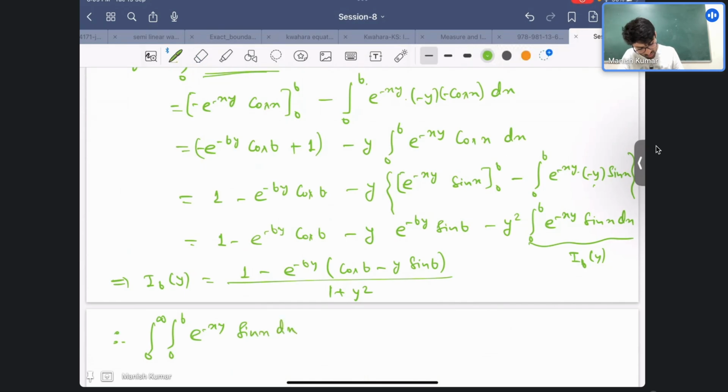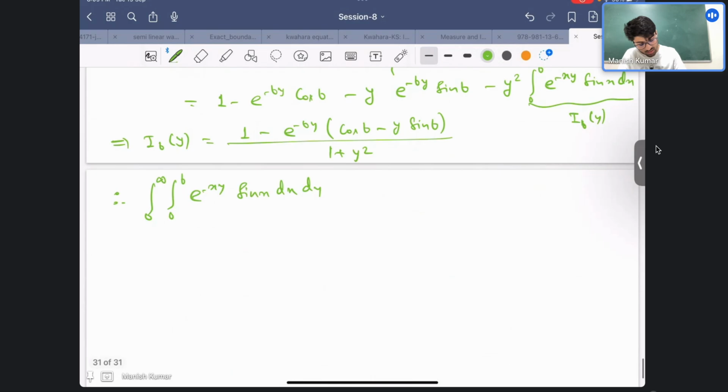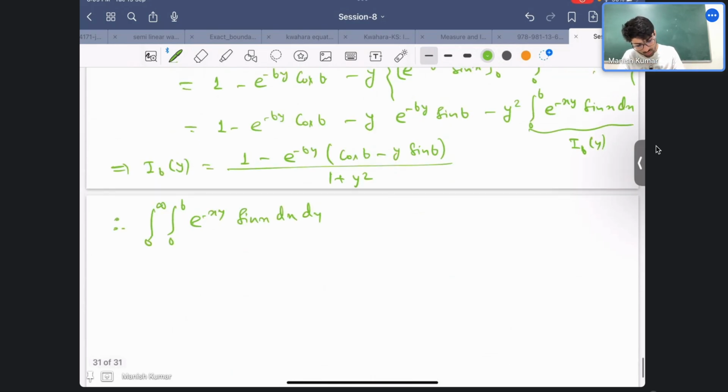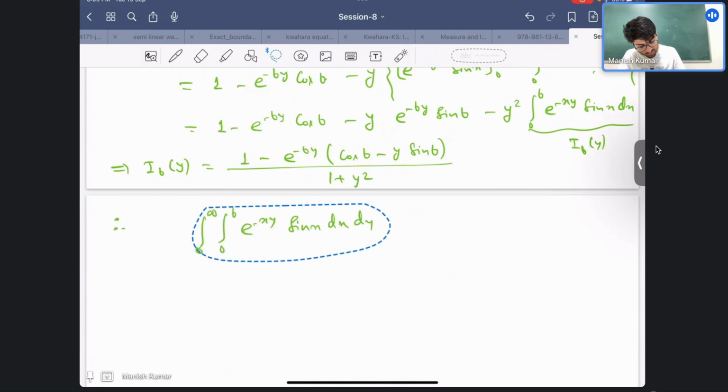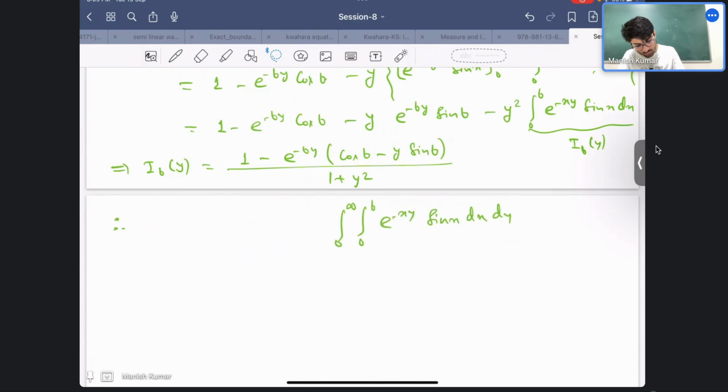You have to integrate this whole quantity with respect to y. Let me write it in this fashion so that it is understandable. We started off with the integral from 0 to b of sin x by x, so this was our initial term. We used some integration for this one by x, and then we got this quantity, so this is equal to this.